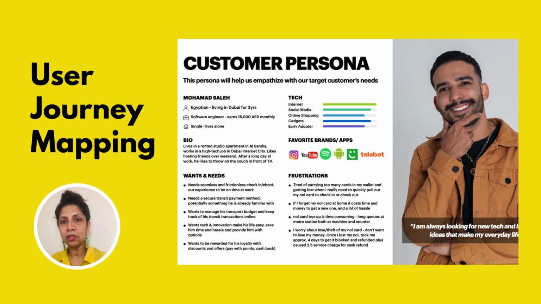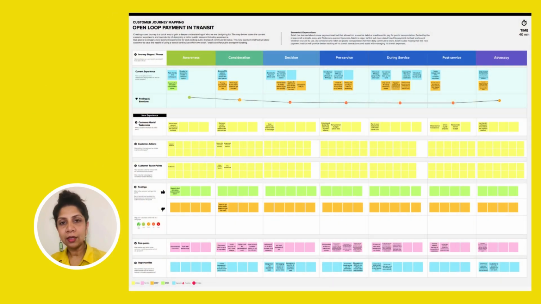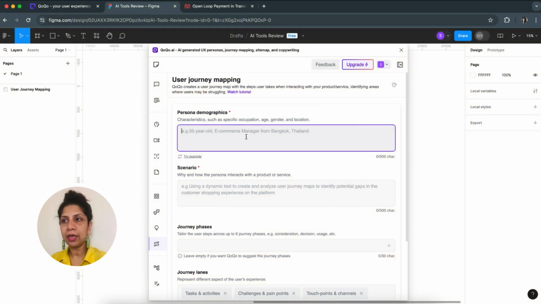With that initial information, usually you start a customer journey mapping exercise. Usually I design it in Mural, and any other virtual whiteboarding tool would be sufficient for this exercise. So let's go back to our Coco.ai screen in Figma.